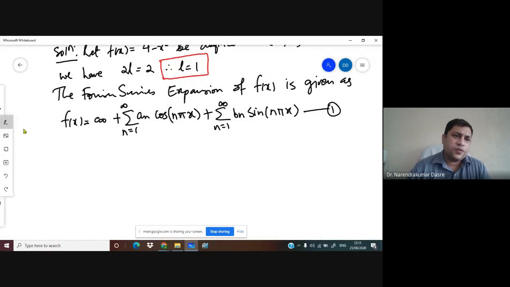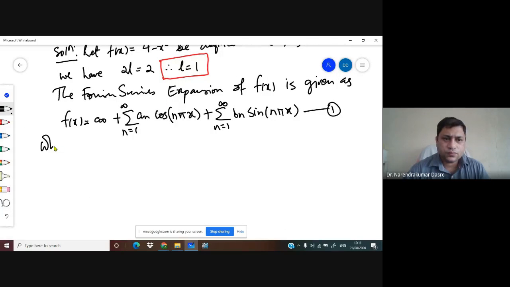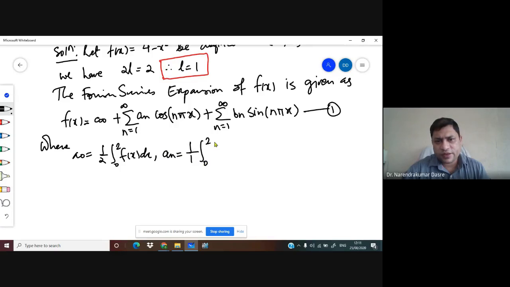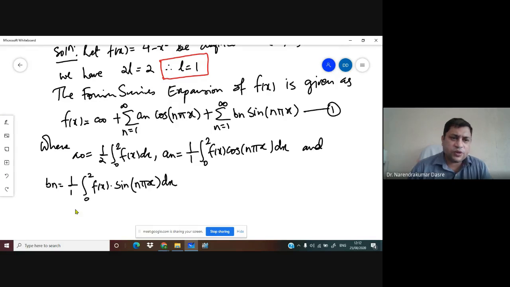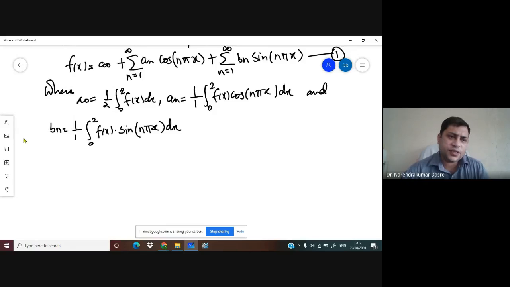So we write where a0 is equal to 1 by 2 integral 0 to 2 f of x dx, an is equal to 1 by 1 integral 0 to 2 f of x cos of n pi x dx, and bn is equal to 1 upon 1 integral 0 to 2 f of x sine of n pi x dx. Okay, so this way we are able to write the formula for this Fourier series.